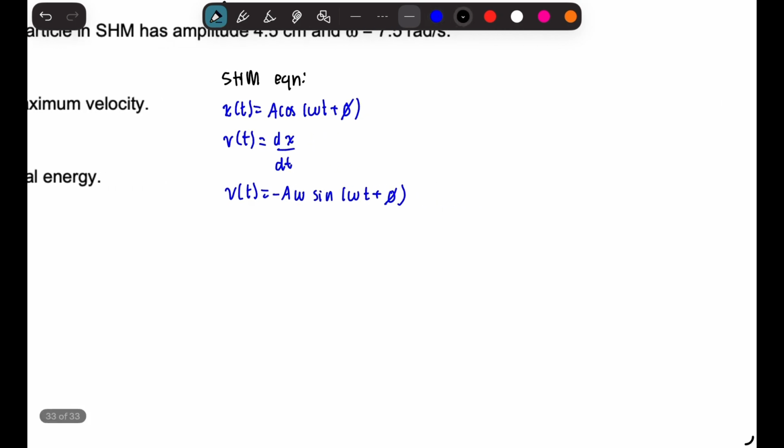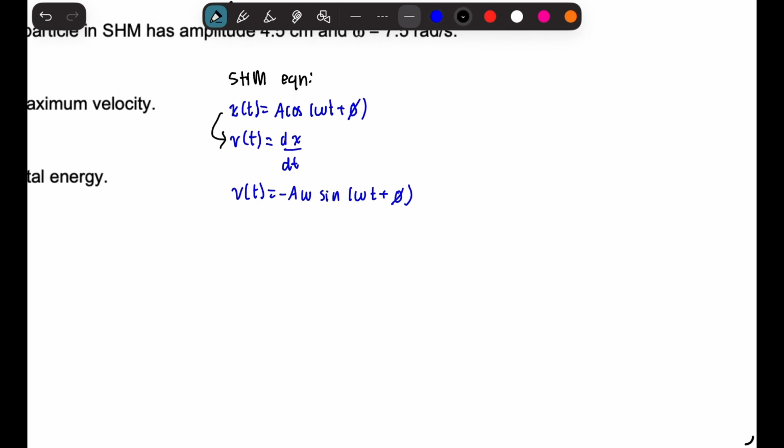So in AP Physics 1, you know this from just looking at the graph, that when you have your cosine and sine, it's going to be shifted in its starting location.